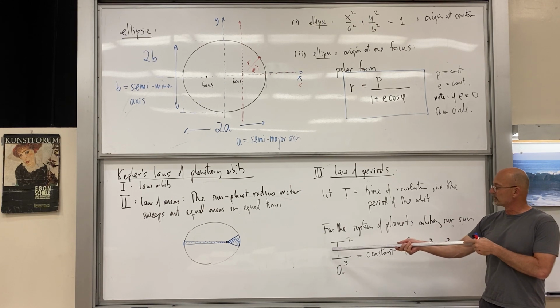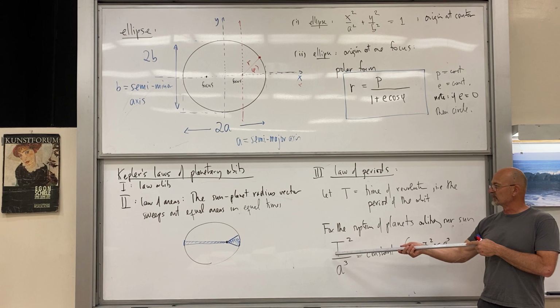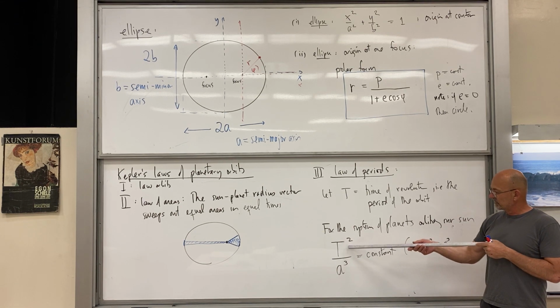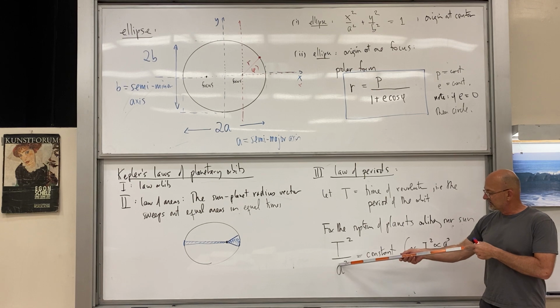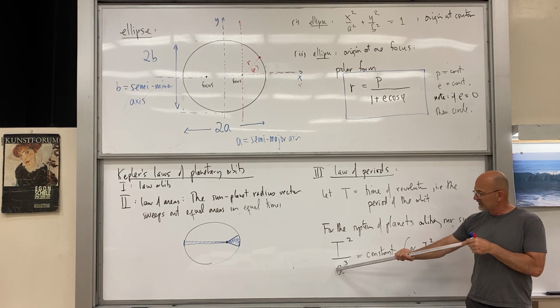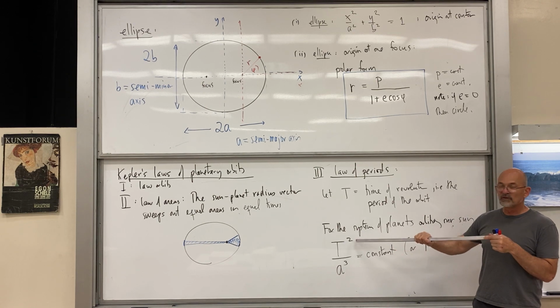So for example, I think Jupiter's orbit is 12 Earth years, and so suppose, let's just say it is 12, you could look it up. Then you'd have 144 here, and then the multiple of the Earth-Sun distance cubed would give you those 144, okay?